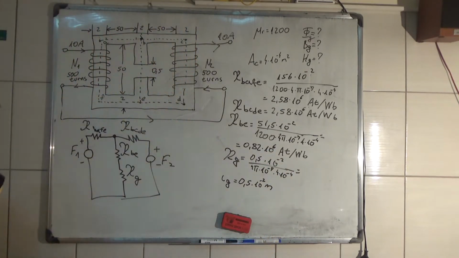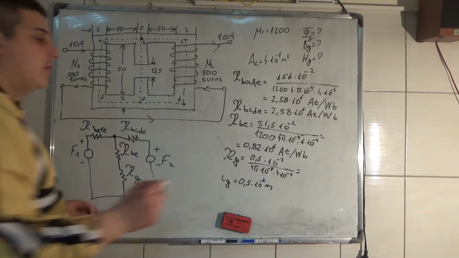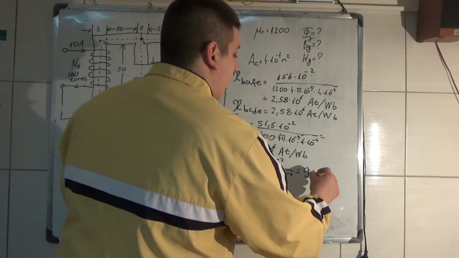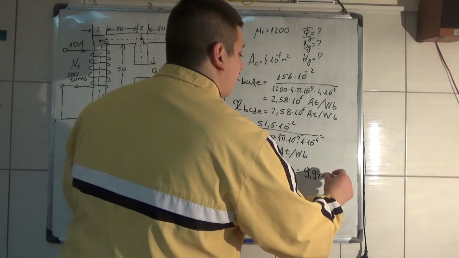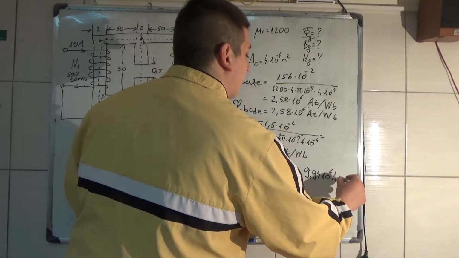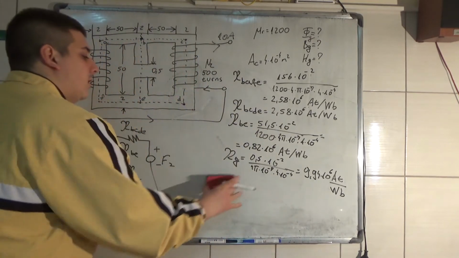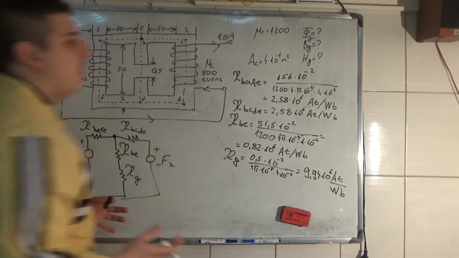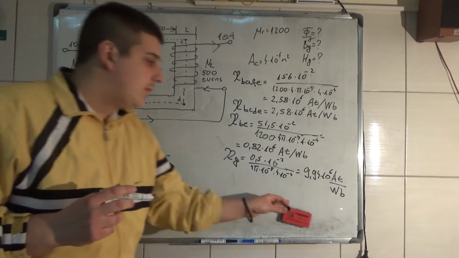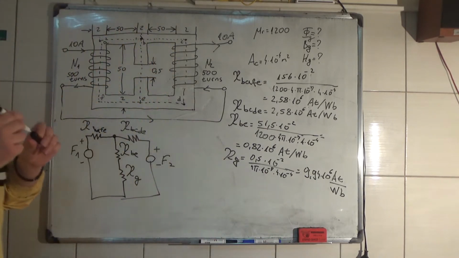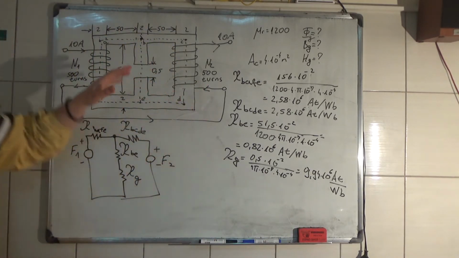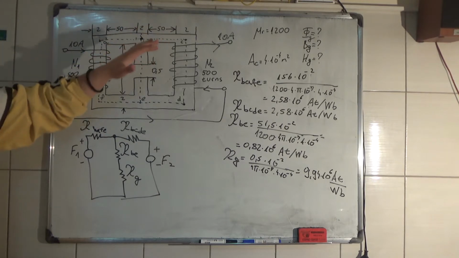And that is equal to 9.94 times 10 to the 6th ampere turns per Weber. Now we have measured all the reluctances of the magnetic circuit.